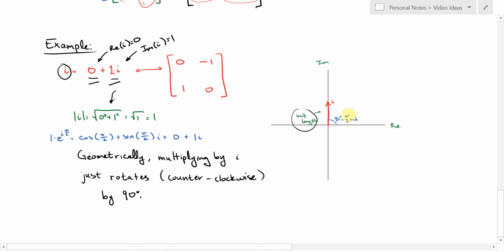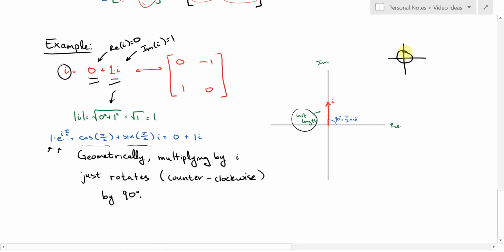And if you don't believe me that its angle is 90 degrees, I mean, obviously it should lie on the imaginary axis, but if you're really angry about it, well, you can think of 1 times e to the I pi halves. And what is that? Well, it's just, again, by Euler's formula, 1 times cos pi halves plus 1 times sine pi halves times I. But what is cosine of pi halves? Remember your little circle, your trigonometry circle here.